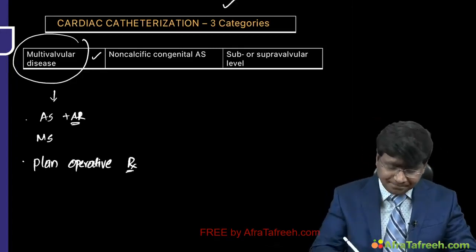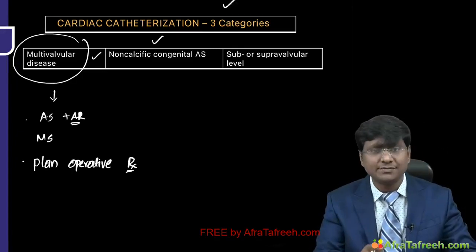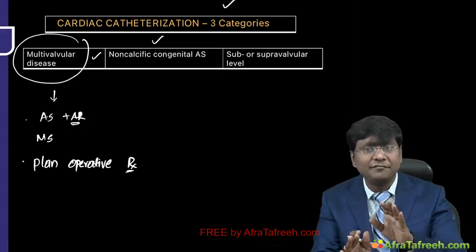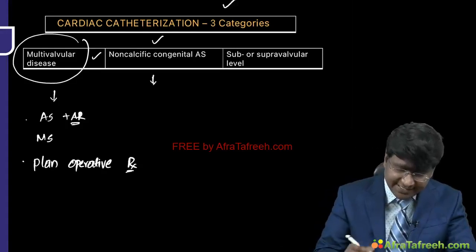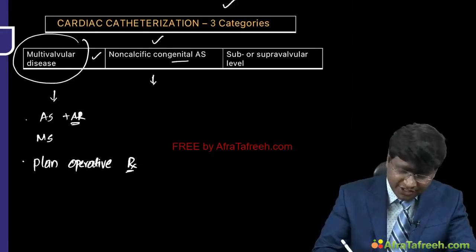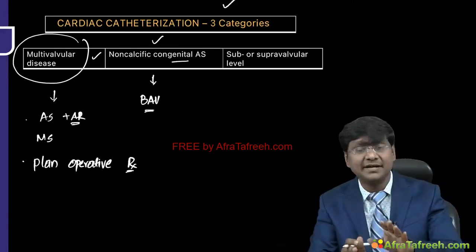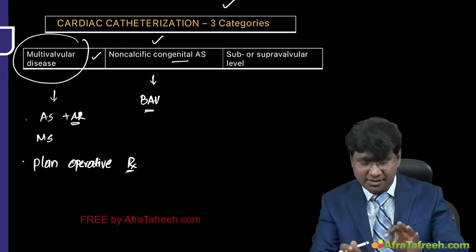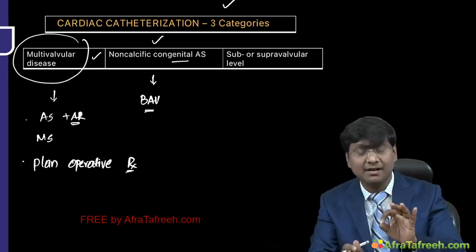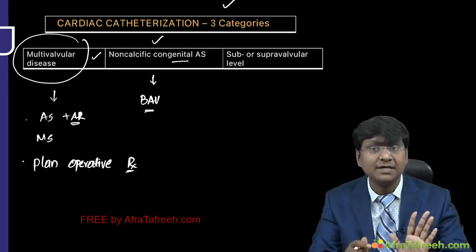Second important is, suppose there is a young, asymptomatic individual with a congenital bicuspid aortic valve.